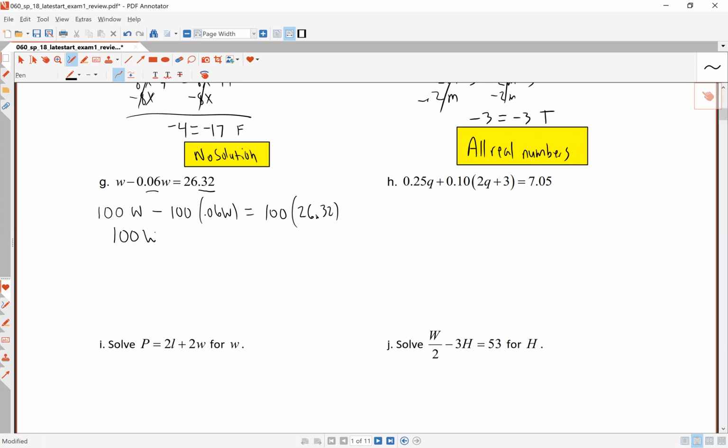It gives 100 W minus 100 times 0.06 is 6. And 100 times 26.32 is 2,632. So then on the left side, 100W minus 6W is 94W.